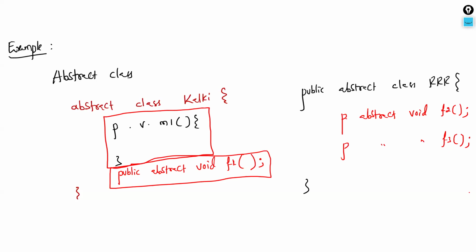Clear? So this is an abstract class with the abstract keyword. Abstract is a predefined keyword. In lowercase letters, we're supposed to write it. It is a predefined keyword wherever it is, not only in the class header.